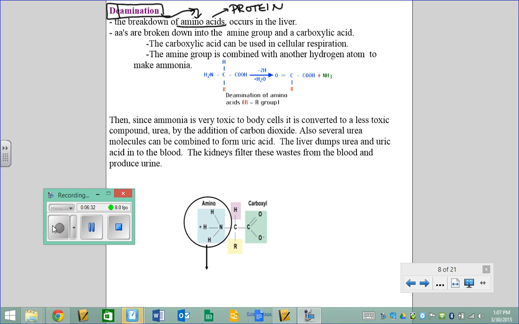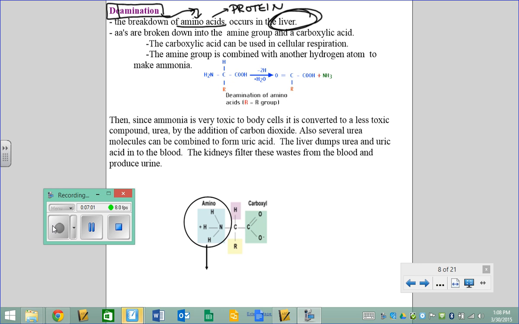For example, if you consume protein shakes and your body is not using all of the protein to build muscle, then you will have a lot more of this process happening. And so I have heard someone refer to it before as the protein powder pee, where your pee is really yellow and maybe really strong smelling. This is why.